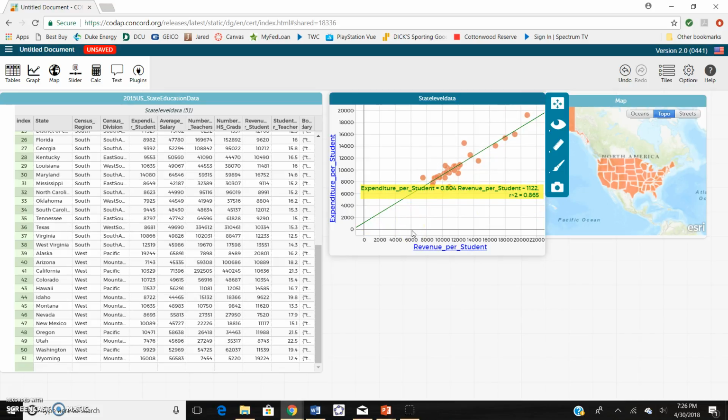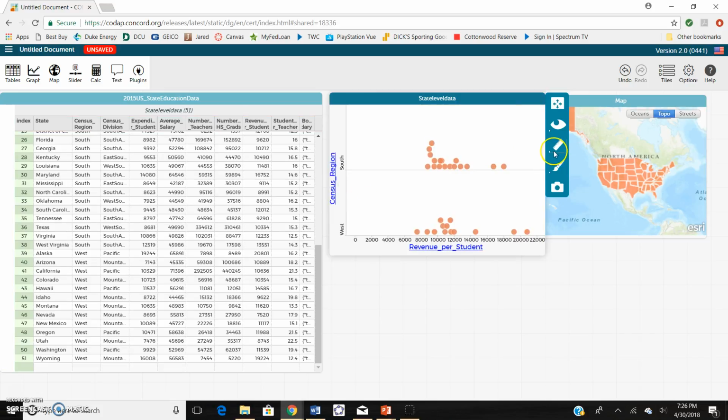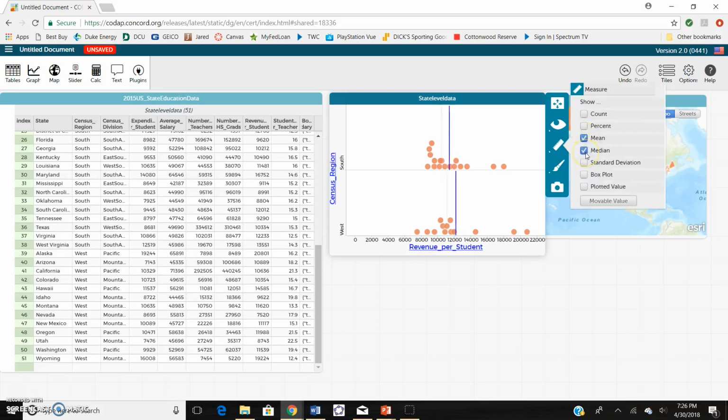So that would mean that the revenue per student is most likely going to be larger in the West since the expenditure per student was larger on average based on the mean and median in the West.